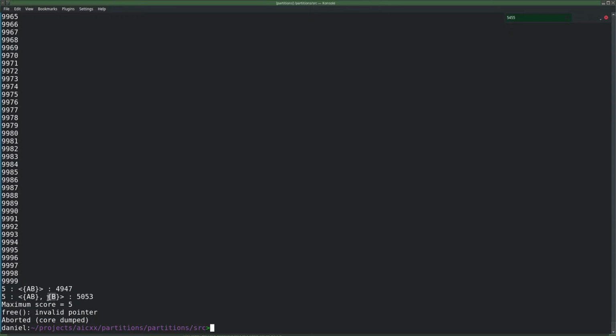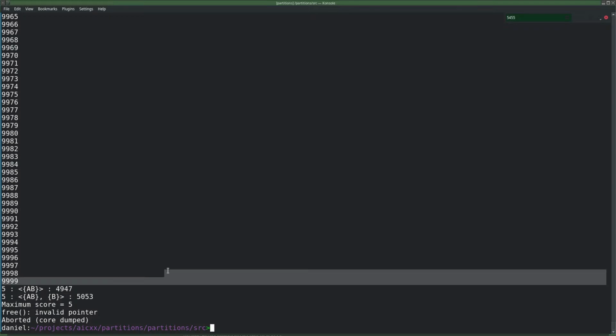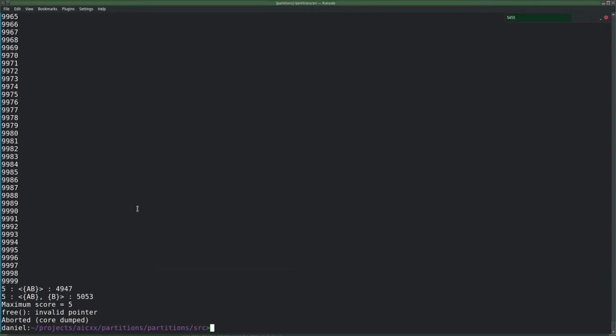So we end up with a partition with B in two different sets. Actually, I keep confusing this thing. I call them groups, and sometimes sets.